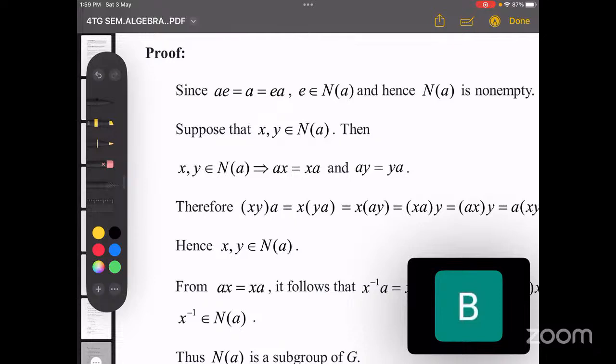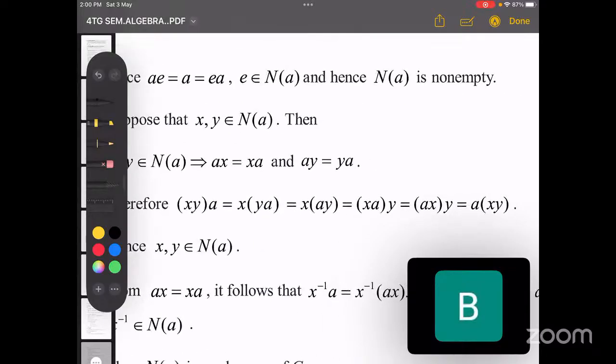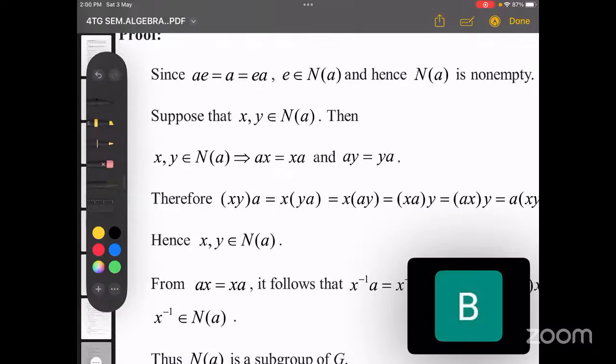Therefore, XY into A equals X, and if you take it outside, we write YA equals X AY. This is the commutative property again. AY equals XA into Y, again AX into Y equals A into XY. So XY into A equals A into XY. We are showing that. Hence XY belongs to N of A.